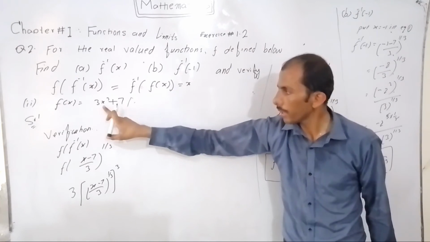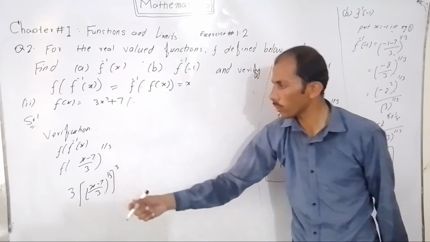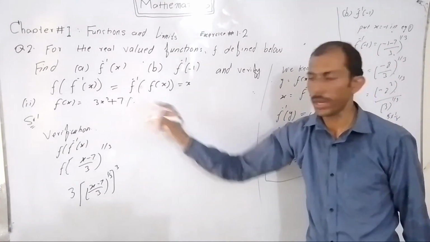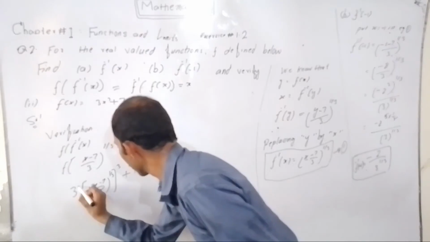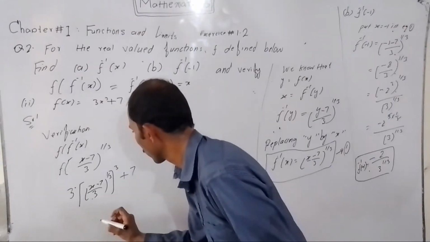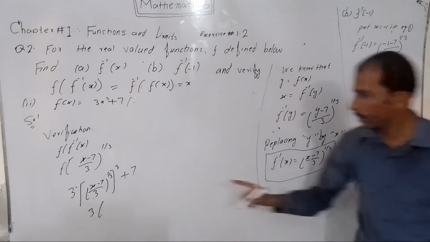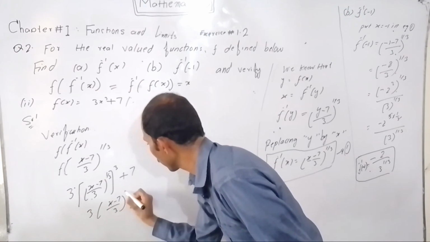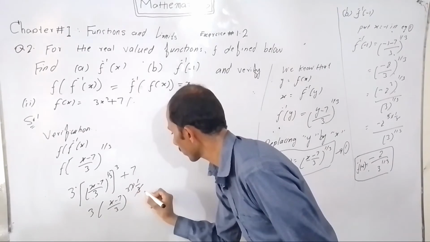X power cube, it means x is replaced by x minus 7 divided by 3 whole cube root, plus 7, is equal to 3 times x minus 7 divided by 3, power 3 multiplied by 1 divided by 3 cancels, plus 7.